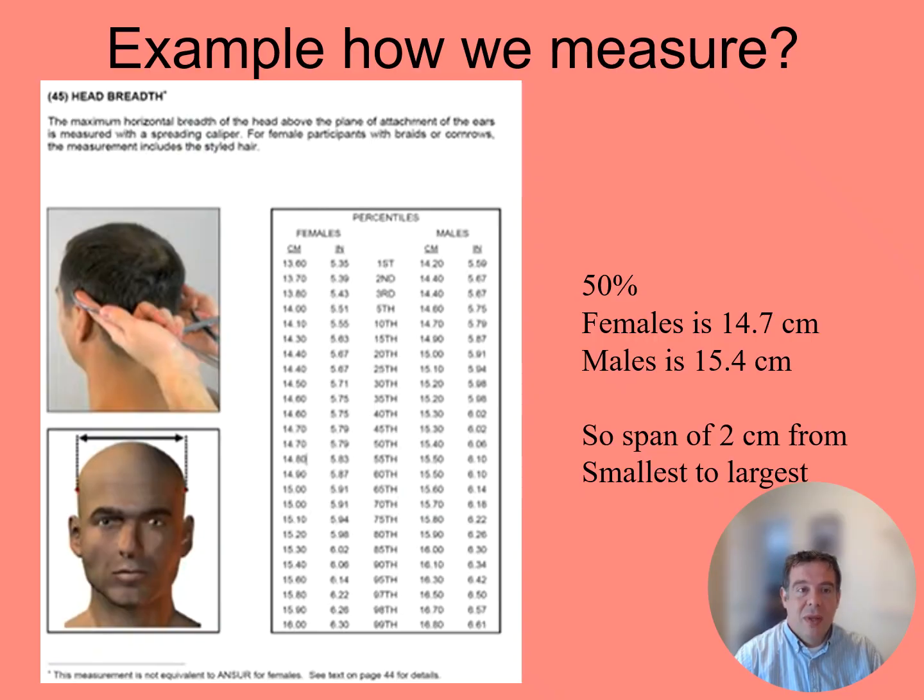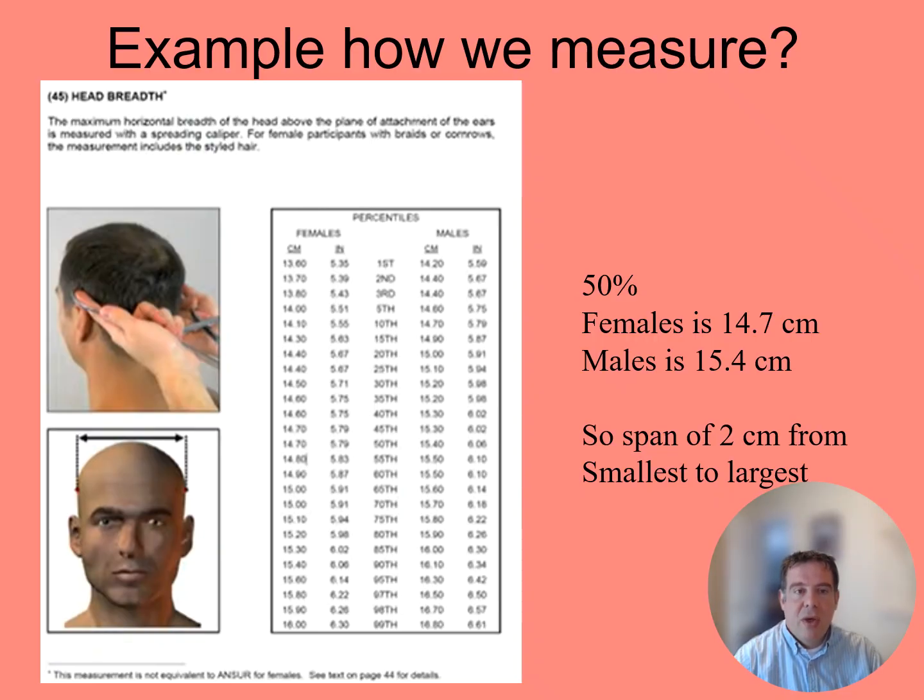This first one here is the head width, or breadth, they call it. At that 50th percentile right in the middle here, we see that females are at 14.7 centimeters, whereas the males are at 15.4. So that's that average percentile right in the middle.